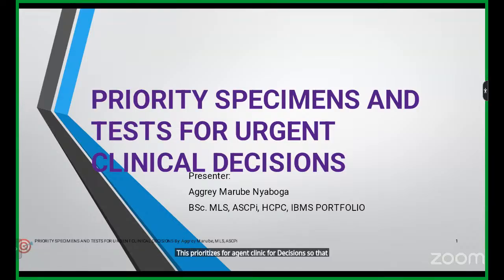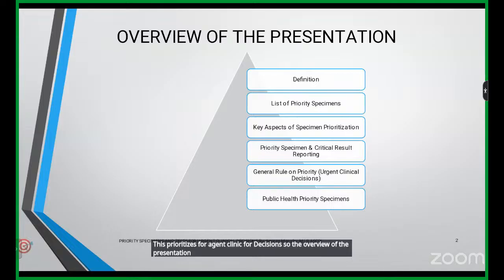The overview of the presentation will entail defining what urgent specimens are and what urgent tests are. We're going to look at a list of priority specimens, key aspects of specimen prioritization, also prioritization of specimens and critical results reporting. We're going to look at the general rule on priority (urgent clinical decisions).